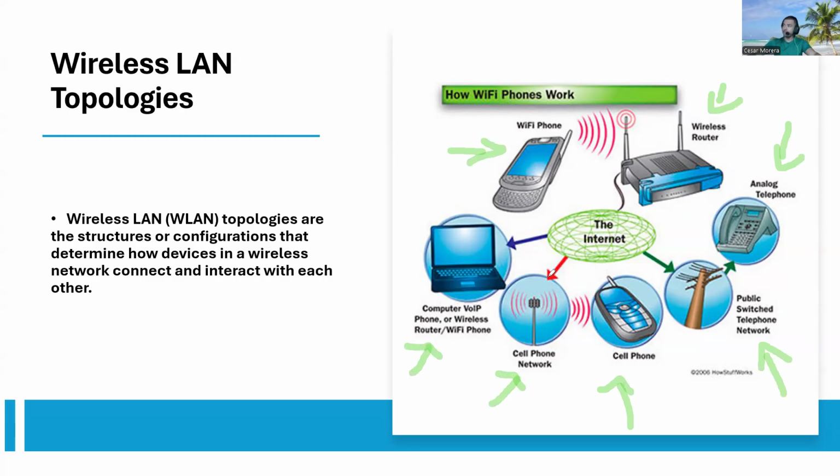Mainly the ones that we can mark with an X. For example, let me just go ahead and look for a pencil here so I can mark with a small X. The Wi-Fi phone, the wireless router. This one doesn't have that much interaction. They allow the communications to travel.